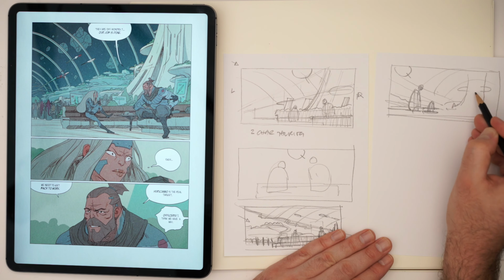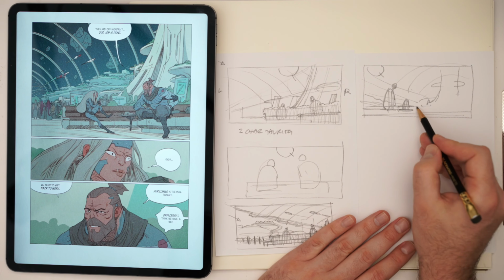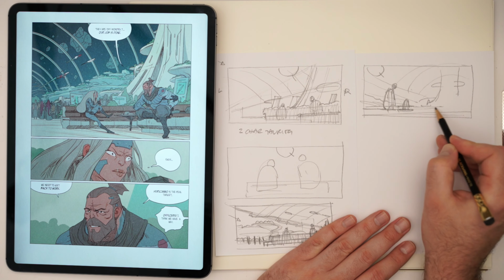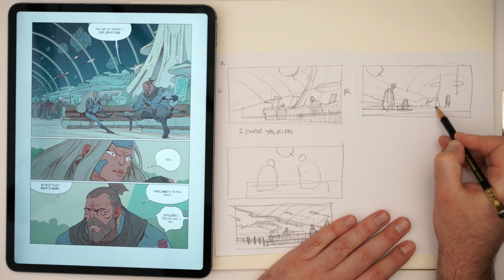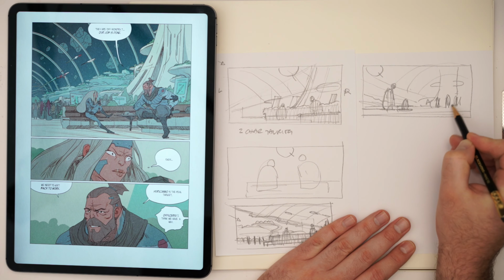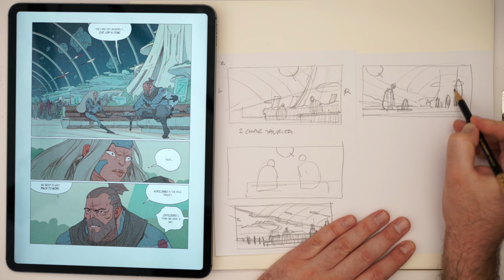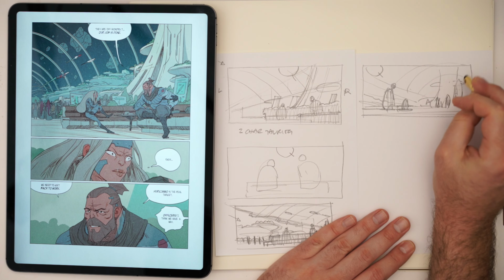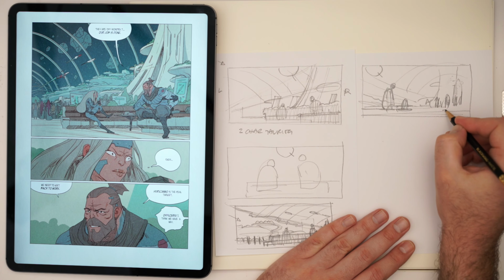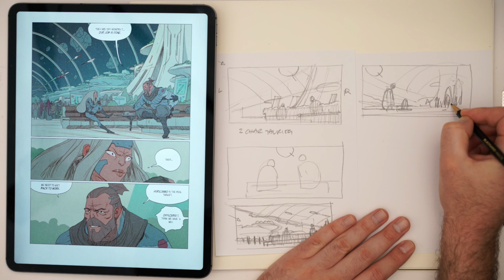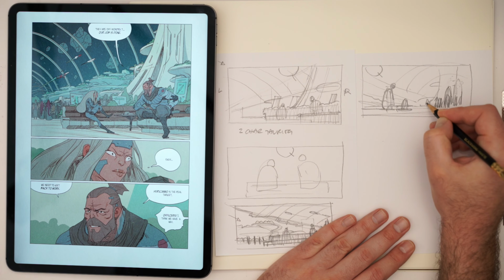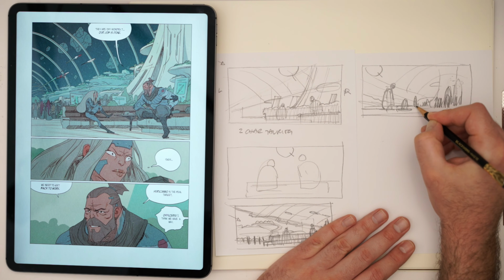Boom. Create a cool dynamic shot. Characters just talking, and I could have a whole bunch of aliens over here walking around. I probably wouldn't want to do that because that's going to overlap my depth here, but I could have some cool depth showing characters getting smaller as they recede into the distance.